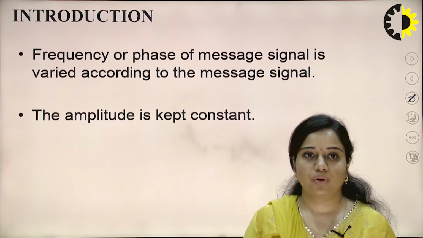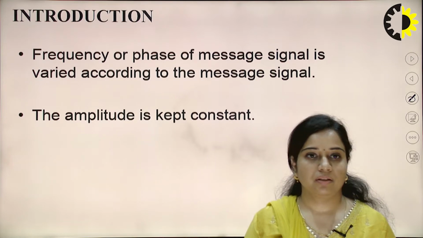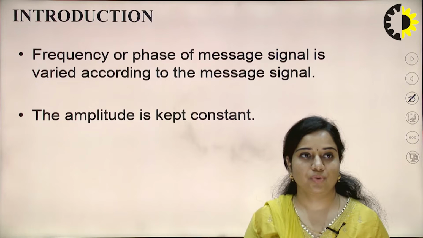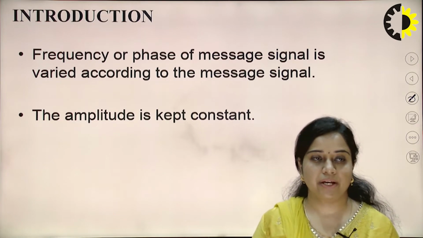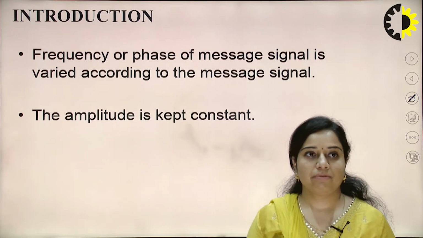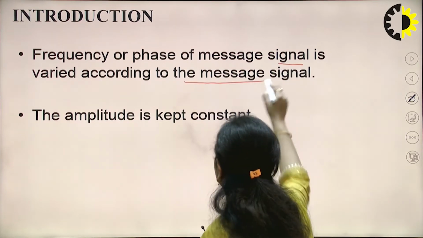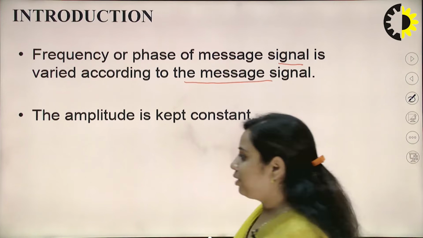First, we will begin with what is angle modulation. There are two components in the signal related to the total phase angle, that is, only the phase and the frequency. The phase and frequency of the carrier are varied according to the message signal. The amplitude is kept constant.